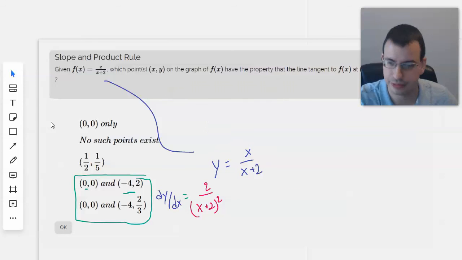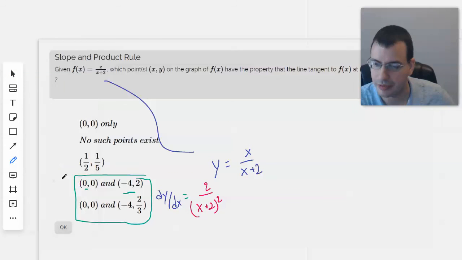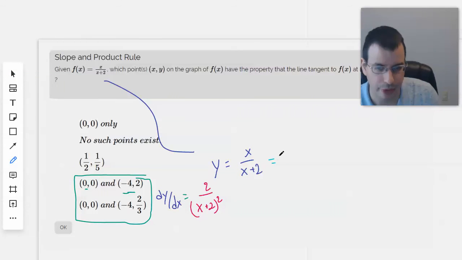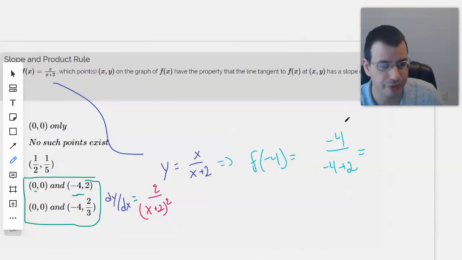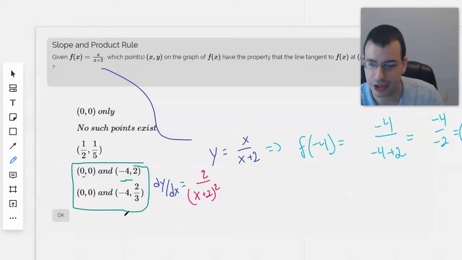Therefore, f of negative 4 equals negative 4 over negative 4 plus 2, which equals negative 4 over negative 2, which equals 2. Okay, so it does not equal 2/3.